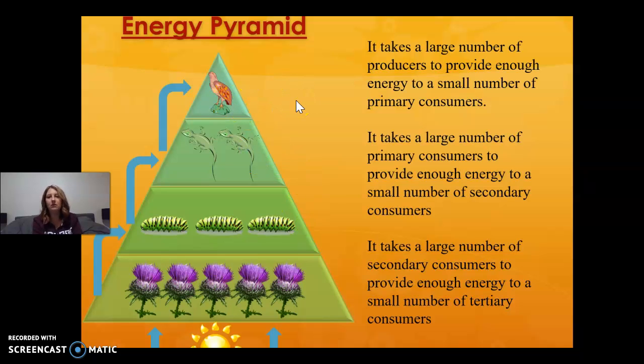So it takes a large number of producers to provide enough energy for the primary consumers. You can see the base of our pyramid is much larger than the top. It takes a large number of those primary consumers right here to feed the secondary. And then again, it's getting smaller and smaller as you go up.